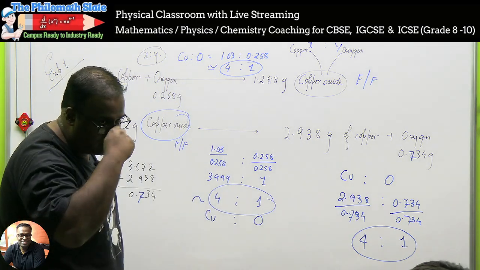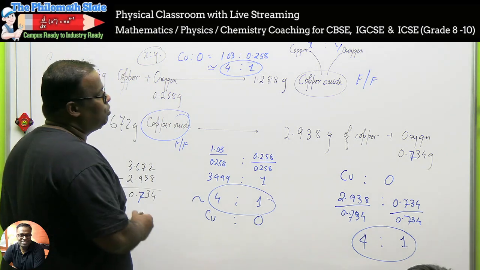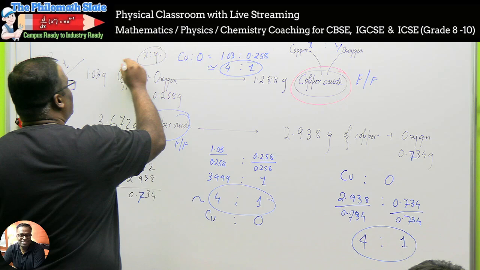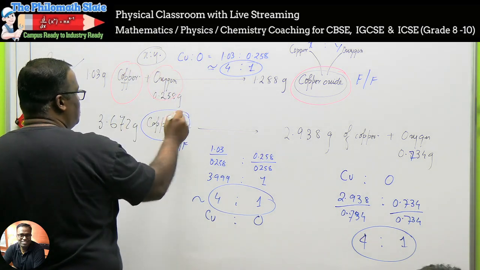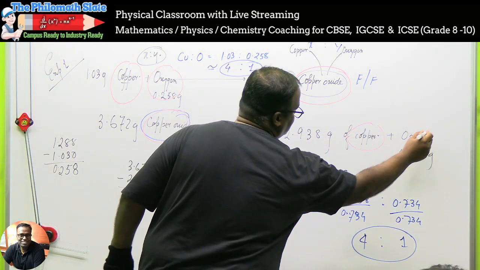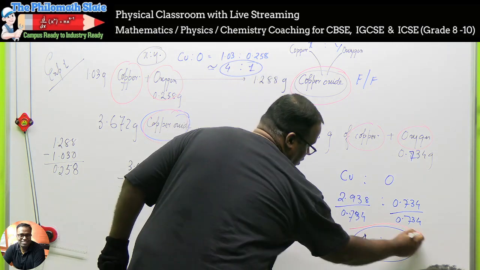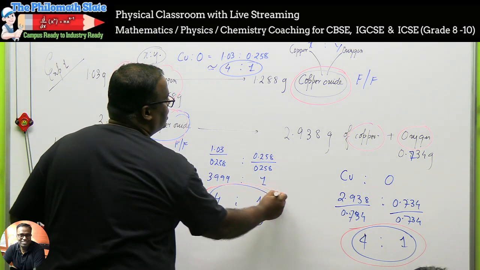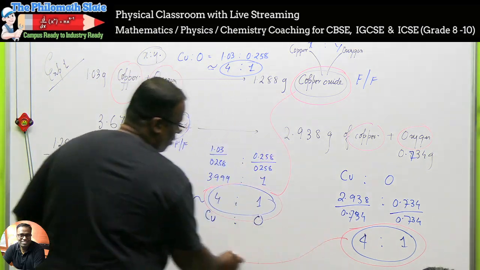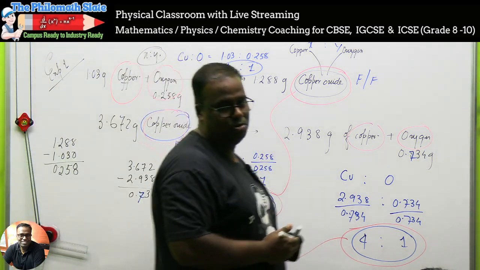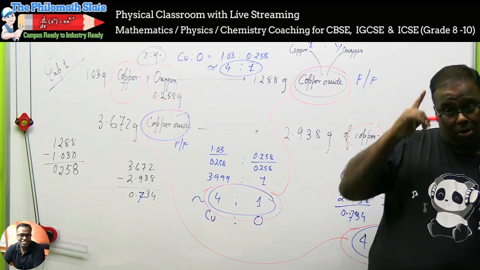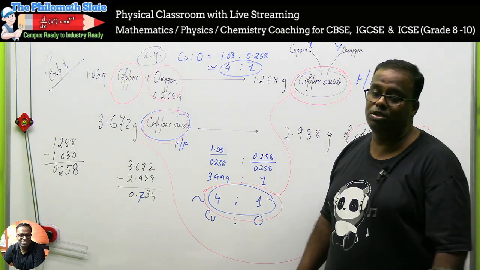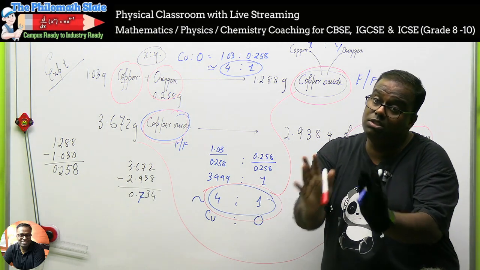Listen to me and see where I mark. The law of constant proportion tells that a compound always comprises of the same element in a fixed proportion by weight, irrespective of where it was sourced from. कहां से आप लाए हो उससे कोई मतलब नहीं है. जब तक वो कॉपर ऑक्साइड है, उसमें कॉपर और ऑक्सीजन इसी मात्रा में ही रहेगा.